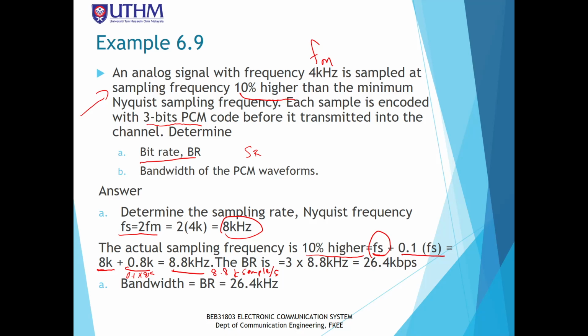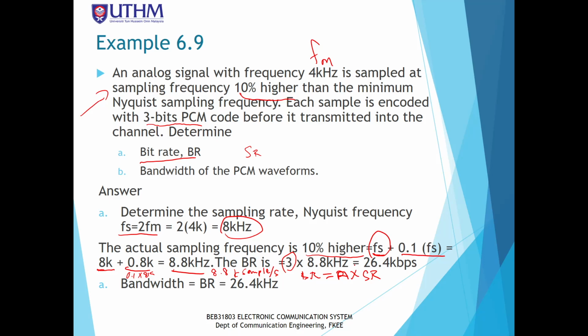Okay, so from here, from Fs, we can determine the bit rate BR. Sorry, BR is equal to N multiplied with Fs. N is the number of bits that we use, which is 3 bits, multiplied with our sampling rate 8.8 kilohertz.